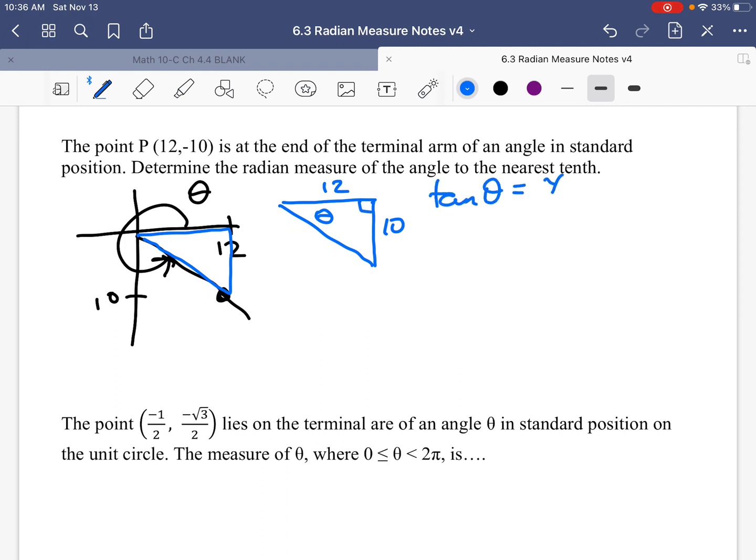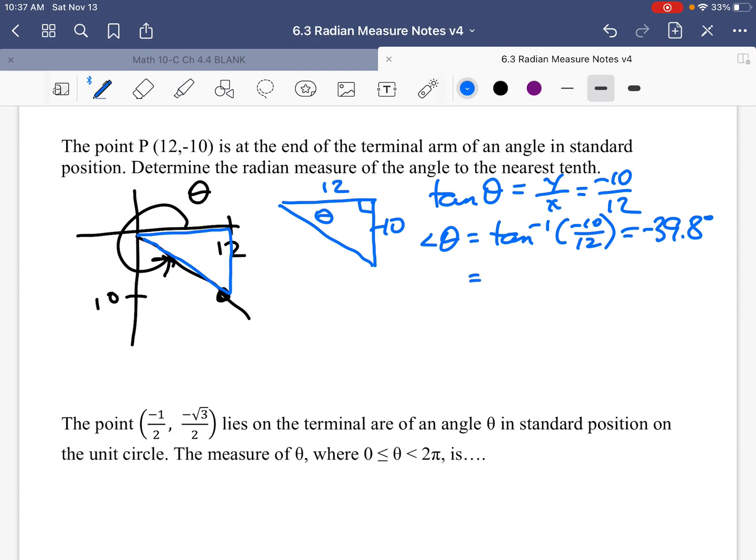This is a right angle, so it's a tangent. Tan of theta is y over x, which is minus 10 over 12. So angle theta is tan inverse of minus 10 over 12, which is minus 39.8 degrees.